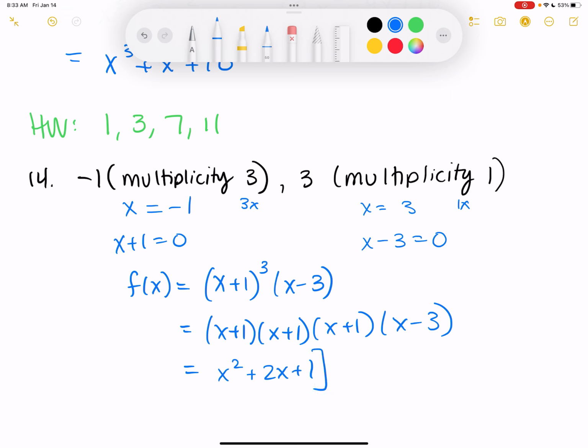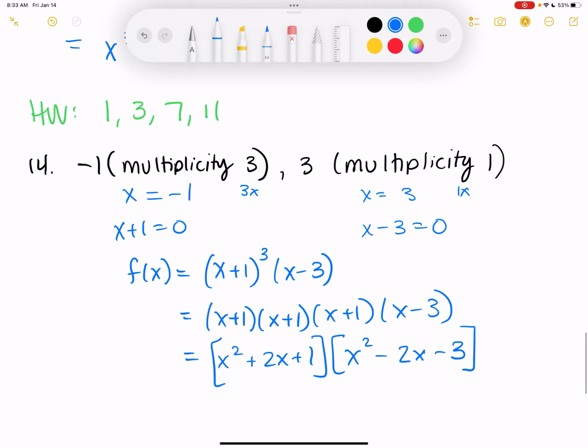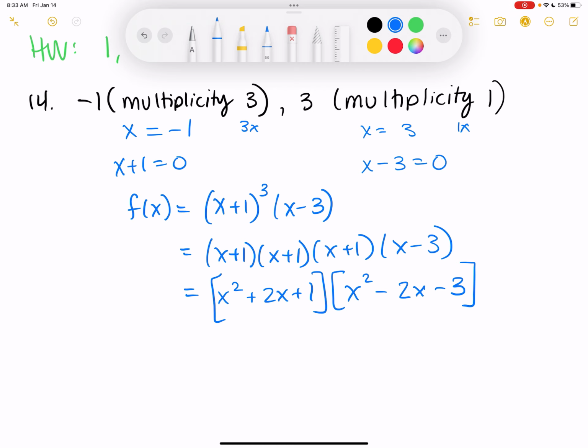That's a lot simpler, the perfect square trinomial. And then x squared minus 2x minus 3. Now you just got to super FOIL it.